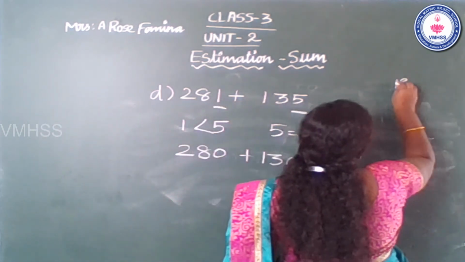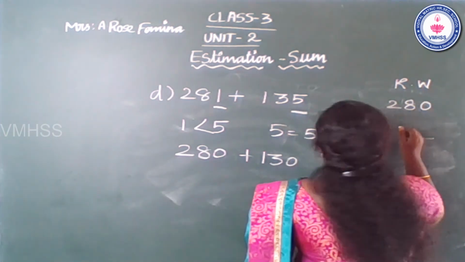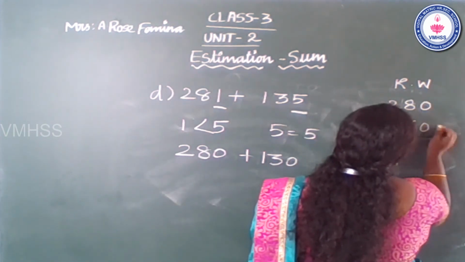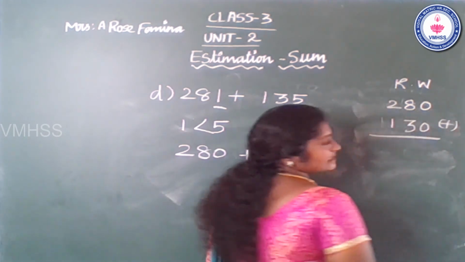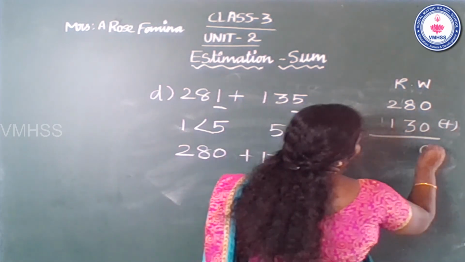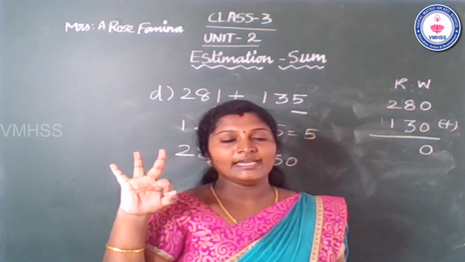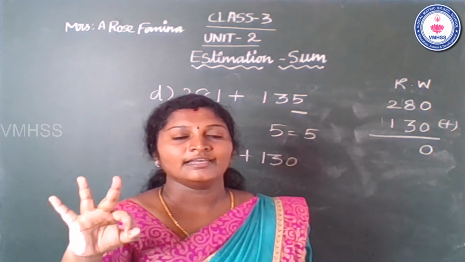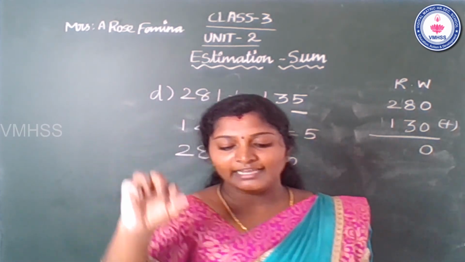So 280 plus 130. Add these two numbers. 0 plus 0, 0. 8 in the mind. Raise three fingers. After 8, 9, 10, 11.